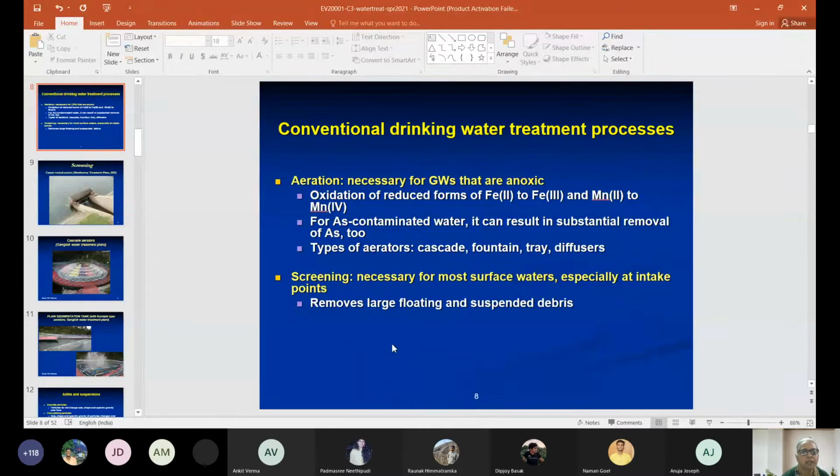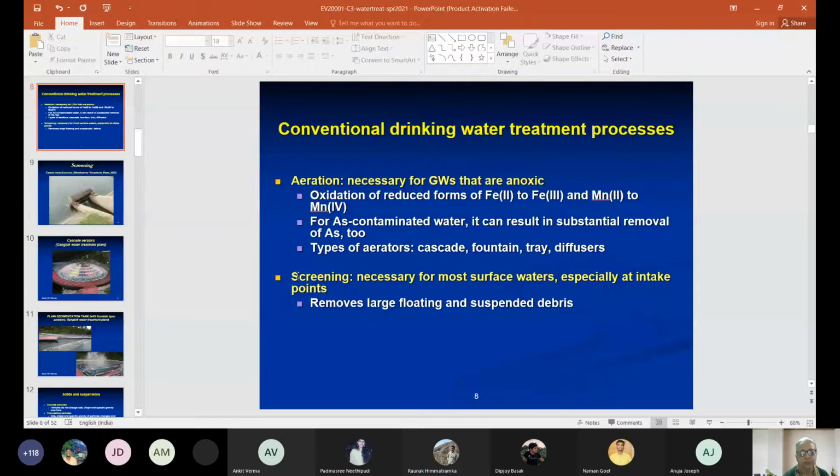Then let's come to screening. I've already mentioned to you that if you're taking water from a canal or from a river or from a flowing stream, you need to make sure that there are no large floating suspended solids. So it's very easy to put in a pipe which has a perforated end, and then when you pump the water out of the surface water body, there is no damage to the pumps and to the other equipment that will be used.